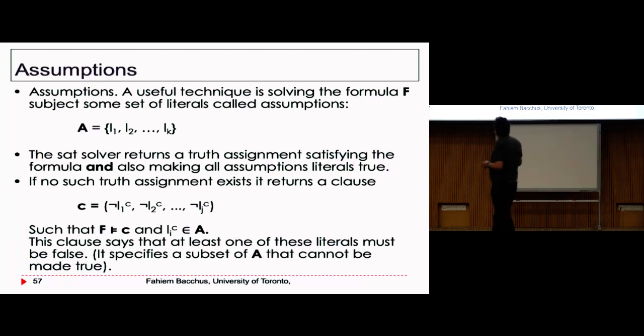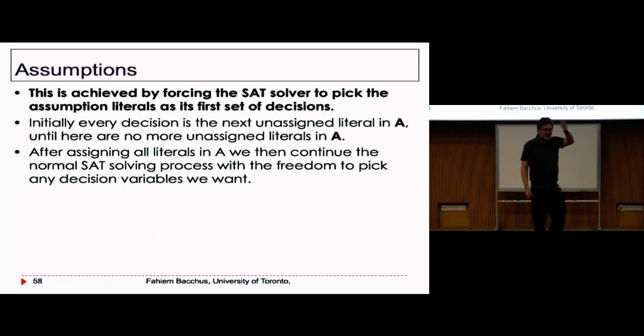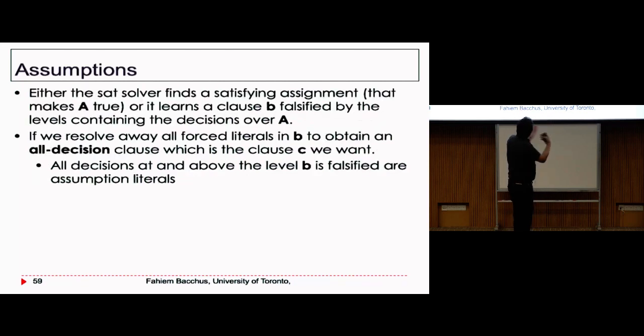And that is not hard to do. What you basically do is you force the SAT solver to branch on the assumptions at the top of its tree, and then you do regular search after that. So after you assign all of the literals of the assumptions, you then do regular search. And what's going to happen under here?